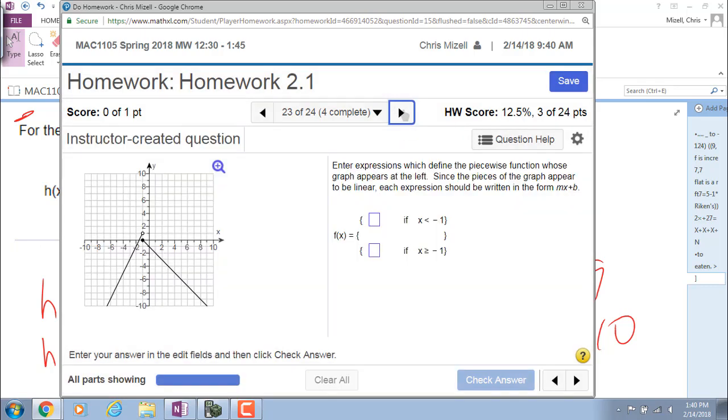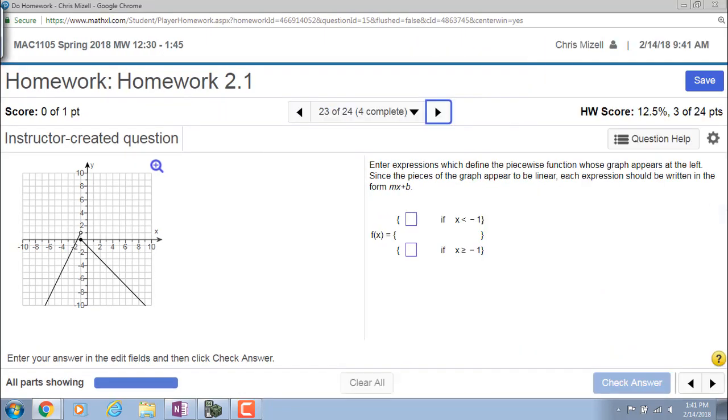The dreaded instructor-created questions, where I've made the questions up myself, and there's no help me solve this. There's no show me an example button. There's no help me solve this button. There is an ask my instructor button, but when you do ask my instructor, I'll probably send you a link to this video and say, check this out and see if it doesn't help.